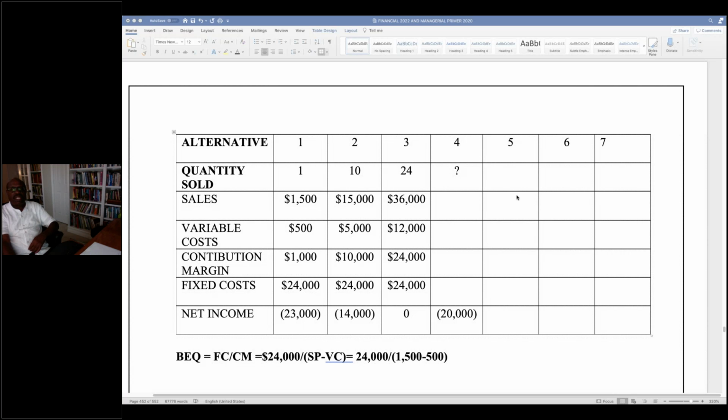How many do we think it would take? 32. I said 32, but I was just saying a number. Well, if 24 is break even, 32 would probably make a profit. So we put in 32.